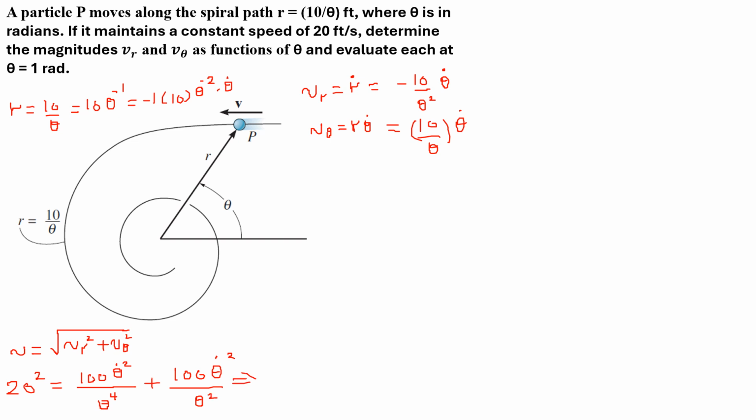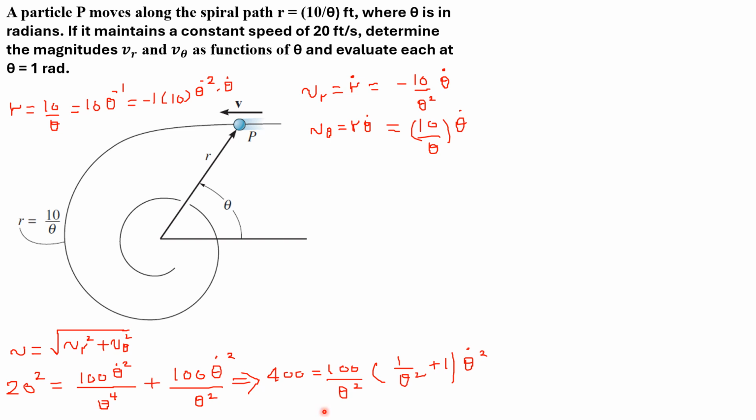Okay, and we need just to solve that for theta dot. So now I have 400 equals, I'll take 100 as a common factor, and also 1 over theta square, and here we have 1 over theta square plus 1, times theta dot square.